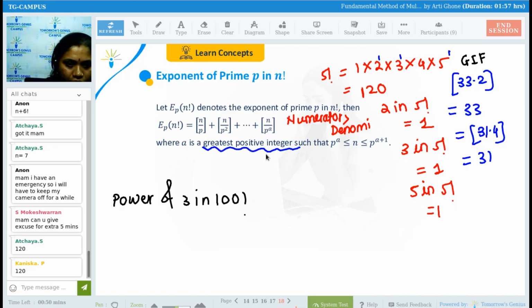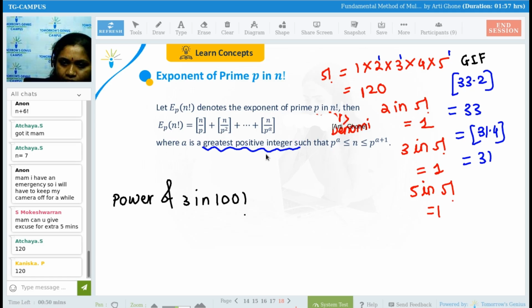Up to that value you have to go. If a case arises where the numerator is less than the denominator, then what will be the answer? The answer will be in decimals. So that is not an acceptable case.